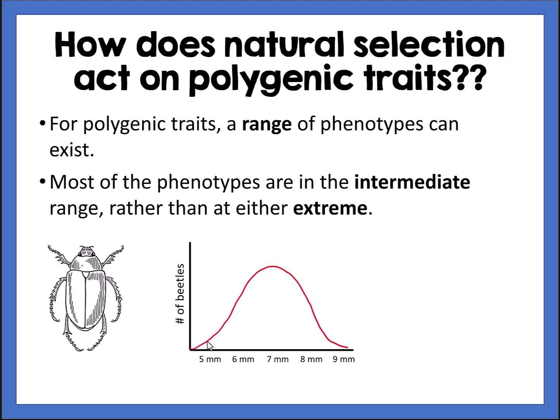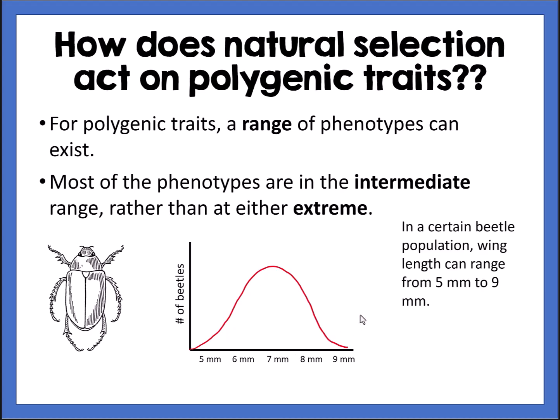So this creates what we call a bell curve, or a normal distribution, with the largest number of any phenotype being somewhere in the medium range. So in this example here, a certain beetle population's wing length can range from 5 millimeters to 9 millimeters.